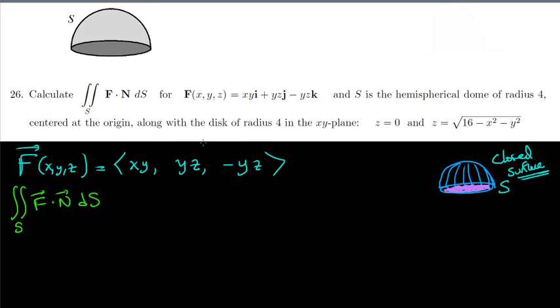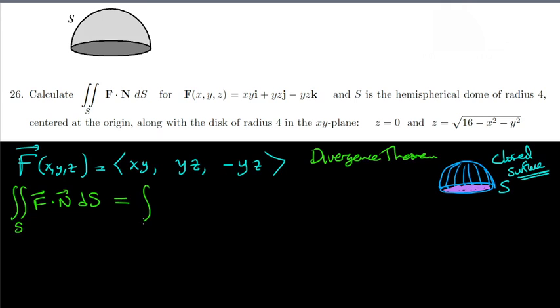So how can we do this? Well, because it's a closed surface, we should be able to apply the divergence theorem. We could calculate this directly. That might be a little bit of work. It's probably not hard, but it takes a little more effort.